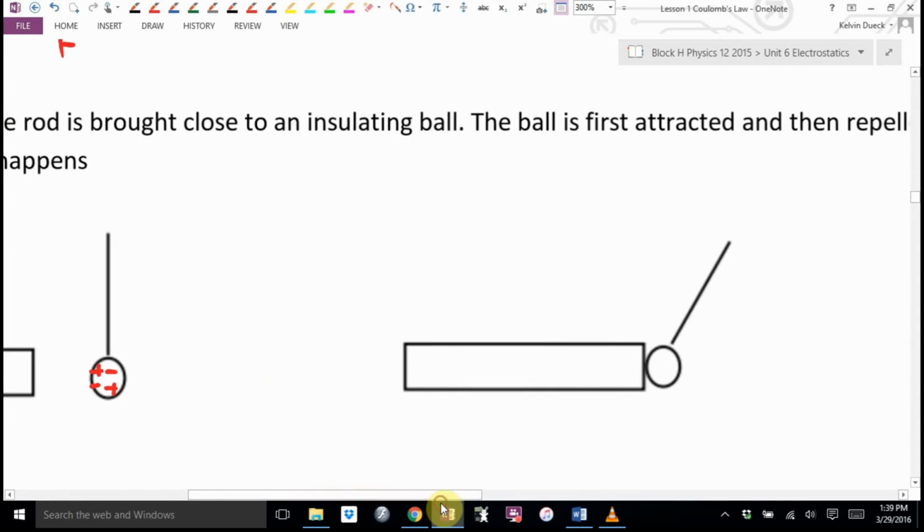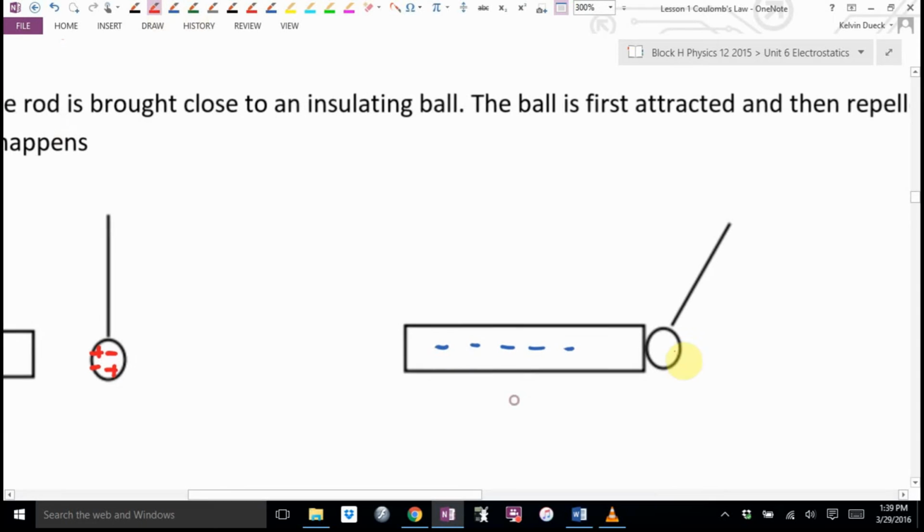For a split second, what was happening was negative, negative, negative, negative, negative. The negatives in the ball were moving to the right, leaving a net positive charge closer to the rod. And because the positive was closer, it has a stronger attractive force, and that's why the ball touched the rod.